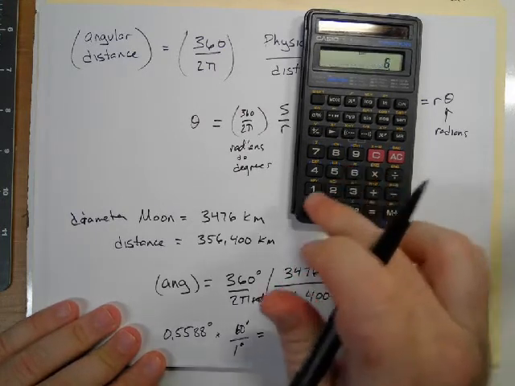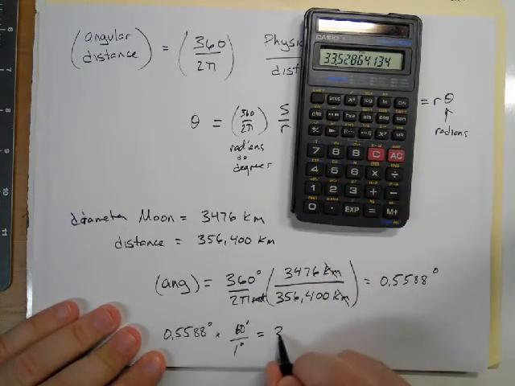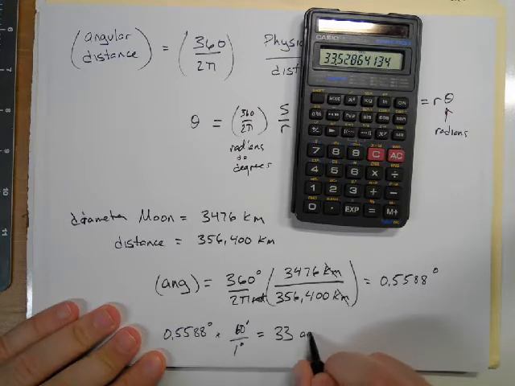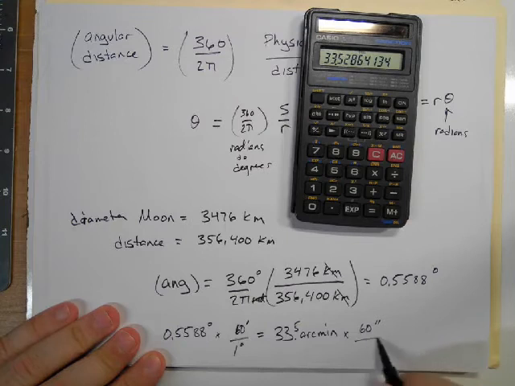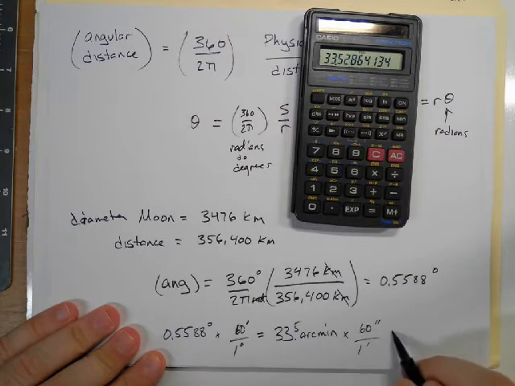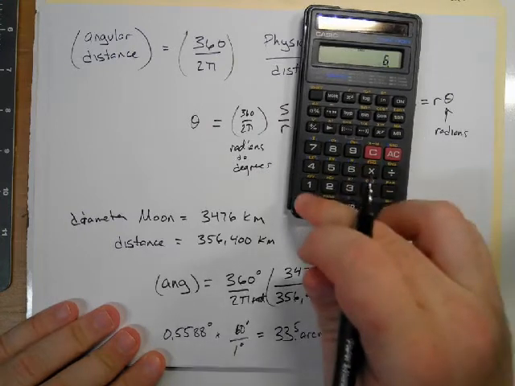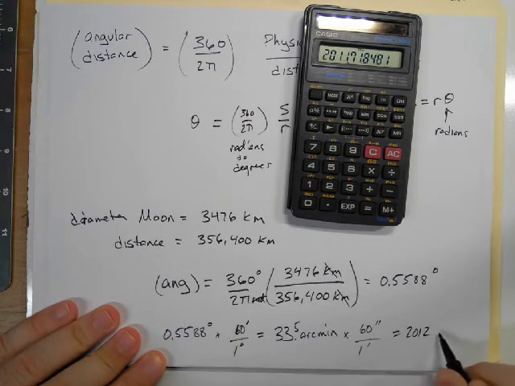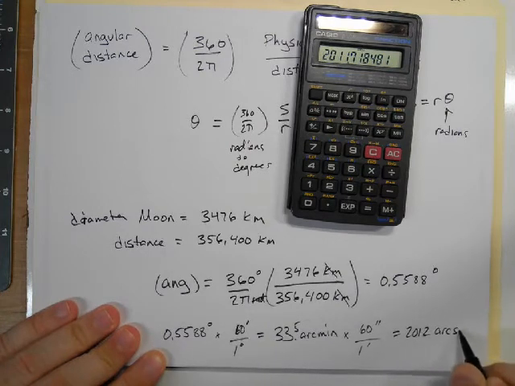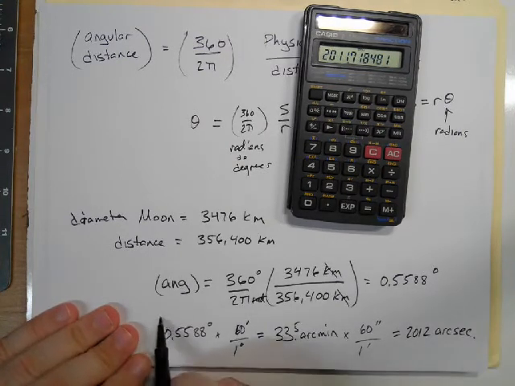Let's multiply by 60, and this is 33.5 arc minutes. And then we can do the same thing, 60 seconds over 1 minute, and the minutes will cancel, so times 60, and I get 2012 arc seconds.